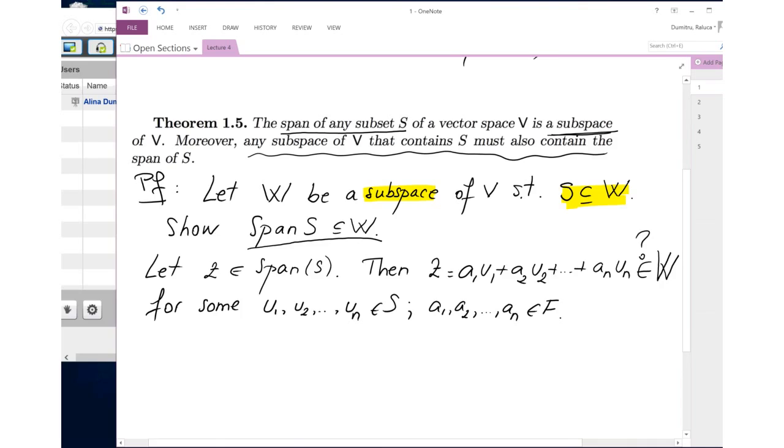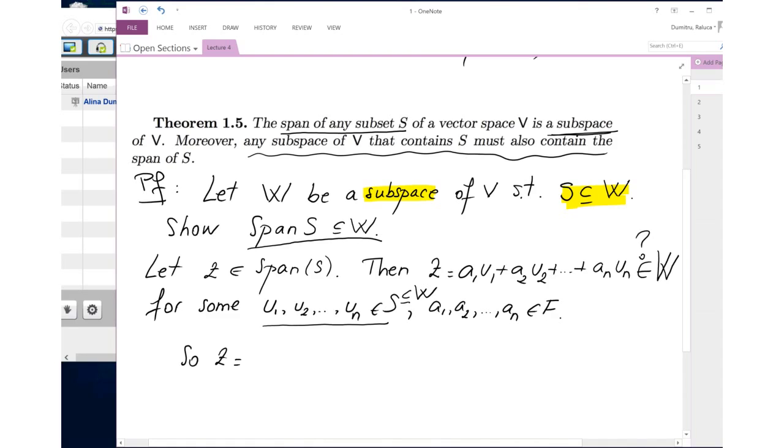It contains the entire set S. So then, look at the vectors u1 through un that show up in the sum here of Z. Since they belong to S, they will automatically belong to W, okay.